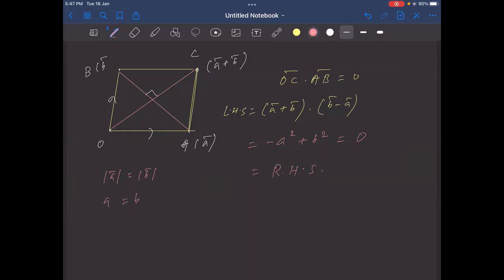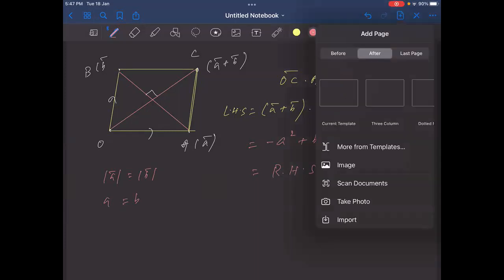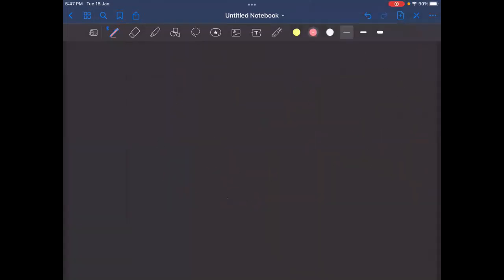Okay, let's look at one more theorem. Can we go to the next page now? These two angles are equal.